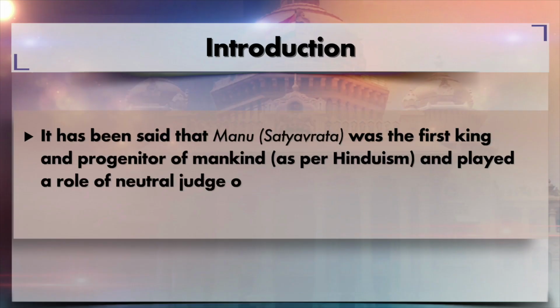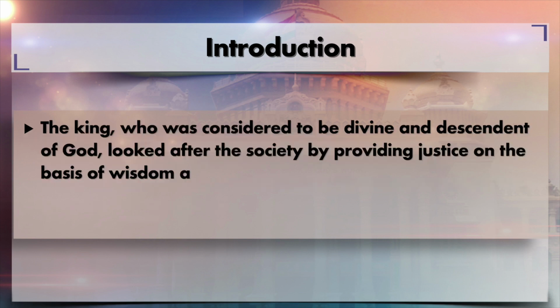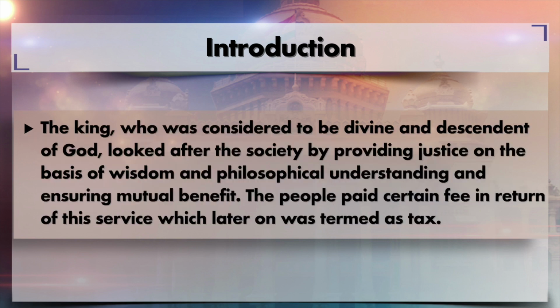It has been said that Manu Satyavrata was the first king and the progenitor of mankind as per Hindu philosophy, and he played an important role as a neutral judge or an arbitrator to solve the issues creating anarchy in society. The king was considered to be divine and a descendant of God.